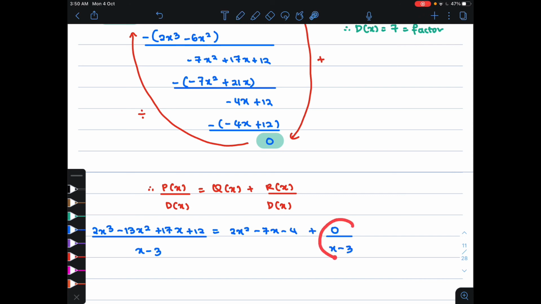Since this is 0 divided by x minus 3, which will give you 0, so we can ignore this part. So it is just 2x squared minus 7x minus 4.